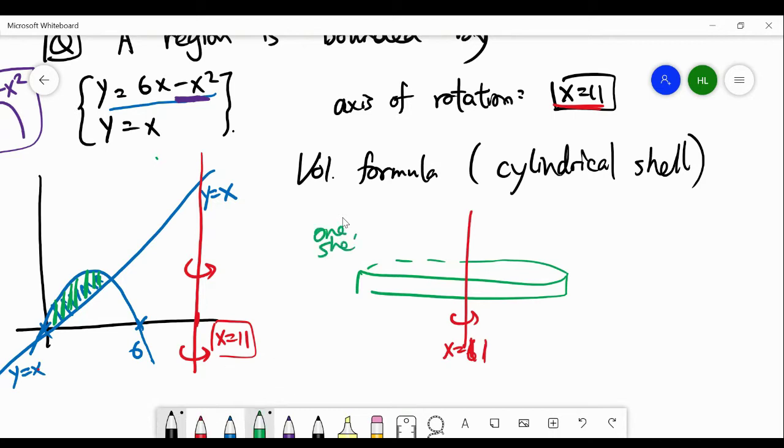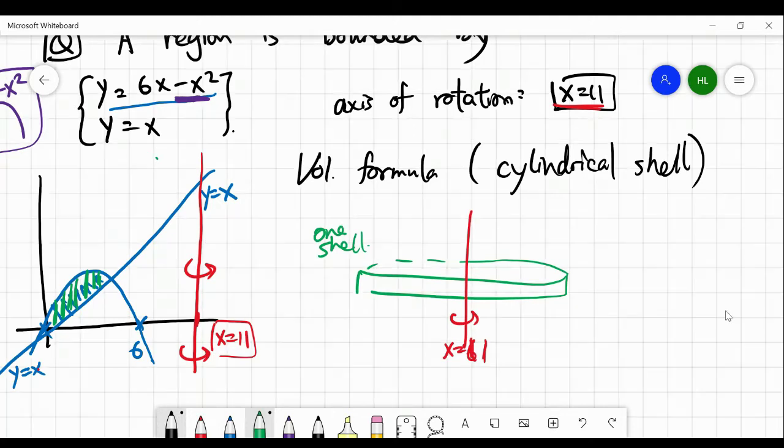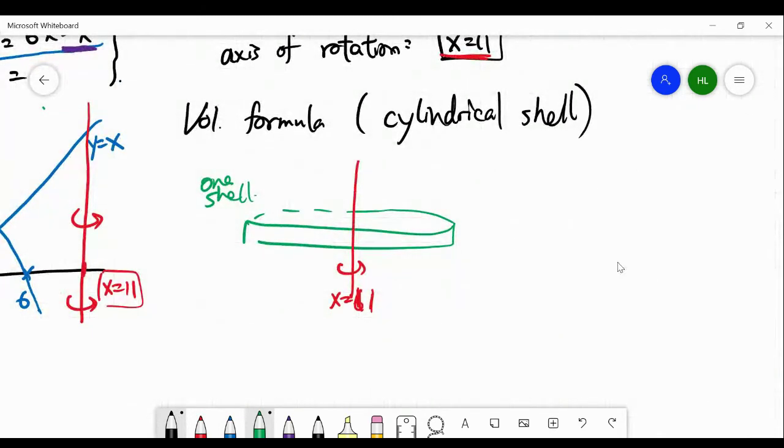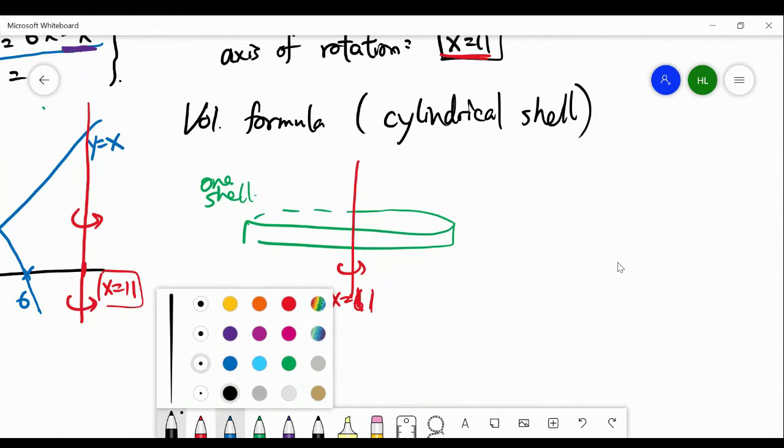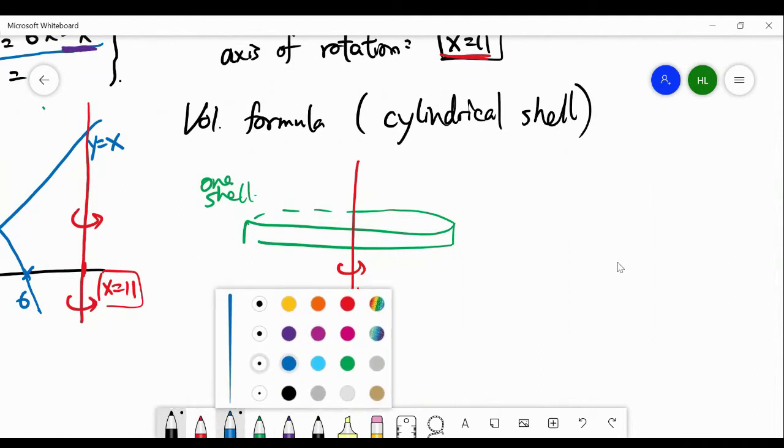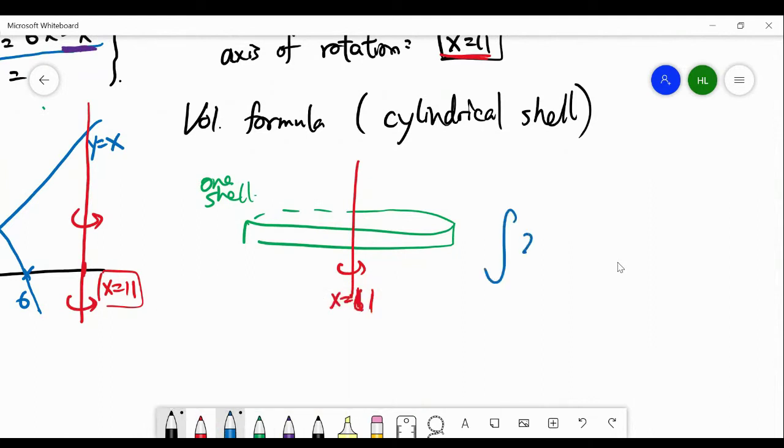Now for the cylindrical shell method, we first have to understand the fact as an integral formula. The content inside the formula is always like this, for an axis which is parallel to the y-axis.